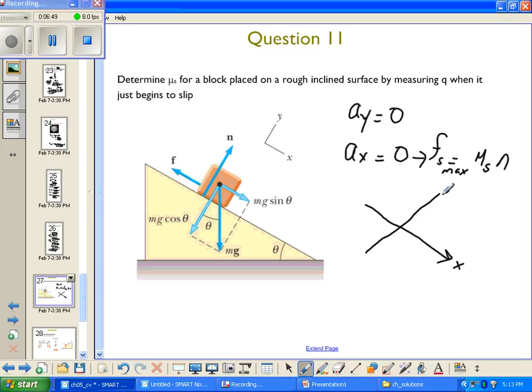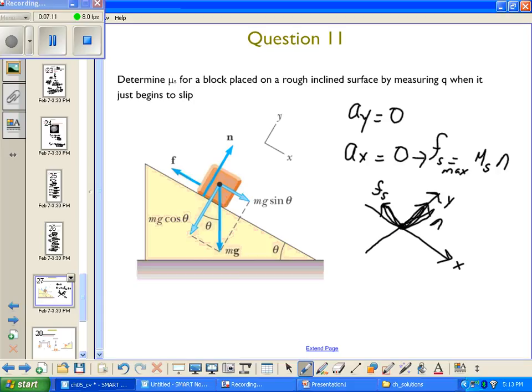Here's x, here's y, here is our block, here is friction parallel to the incline. Here is the normal force. I really can't get these lines straight.